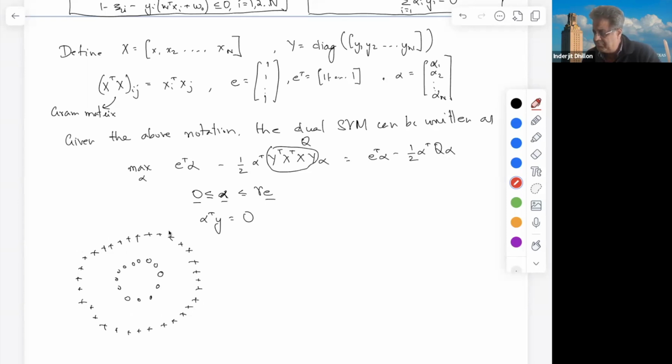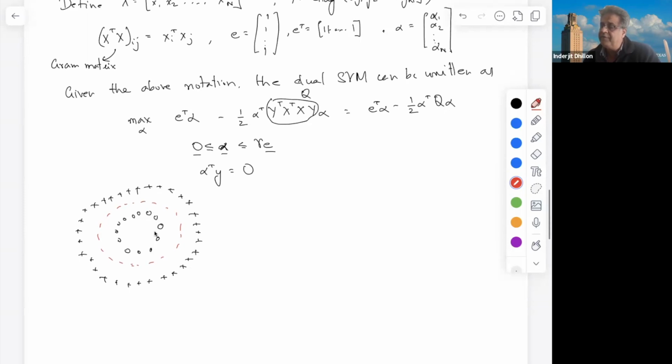Well, it's just this quadratic surface, right? This is a circle through the middle. Everything inside this red circle can be classified as belonging to this class, and everything outside can be thought of as belonging to the positive class.